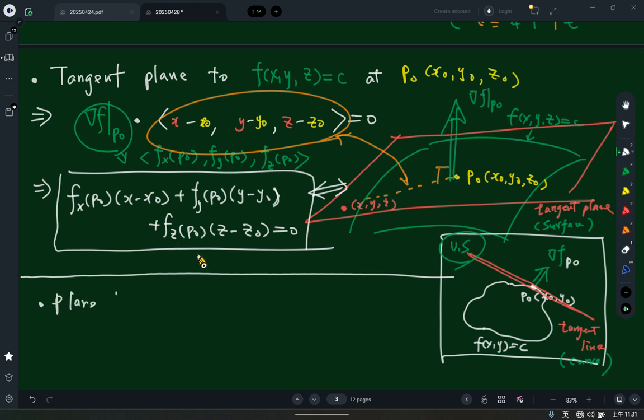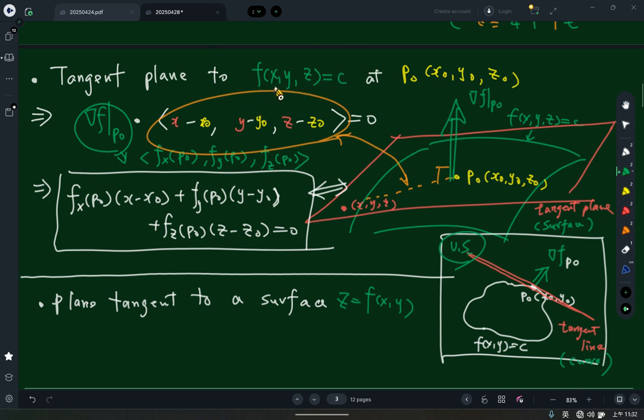Plane tangent to a surface, when I give you z is equal to f of x, y. So something different, right? Here I just give you f of x, y, z is equal to c. But in this case, it's also possible, right? I also can give you a surface by giving z is equal to f of x, y.